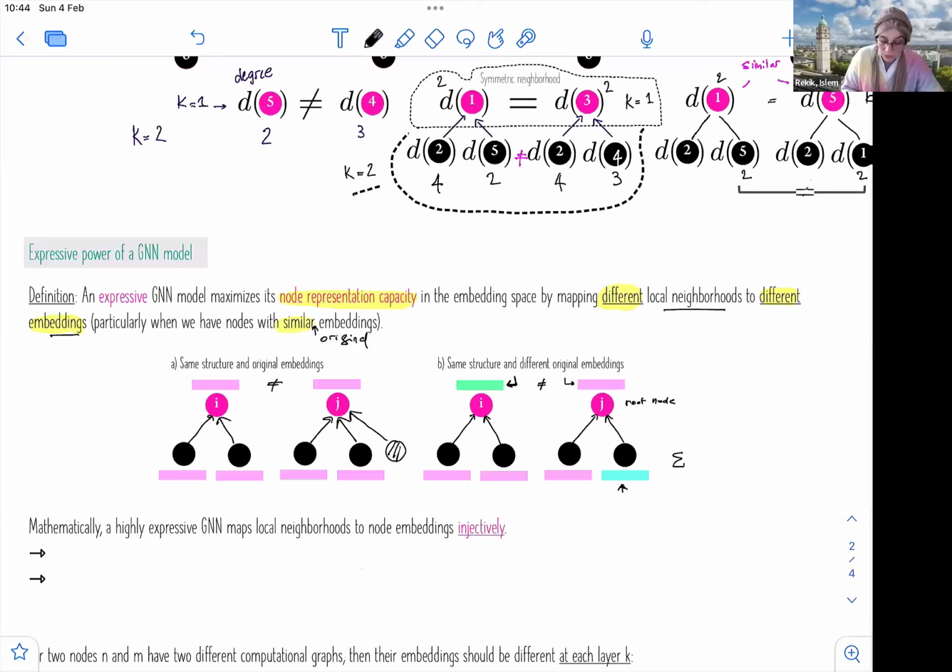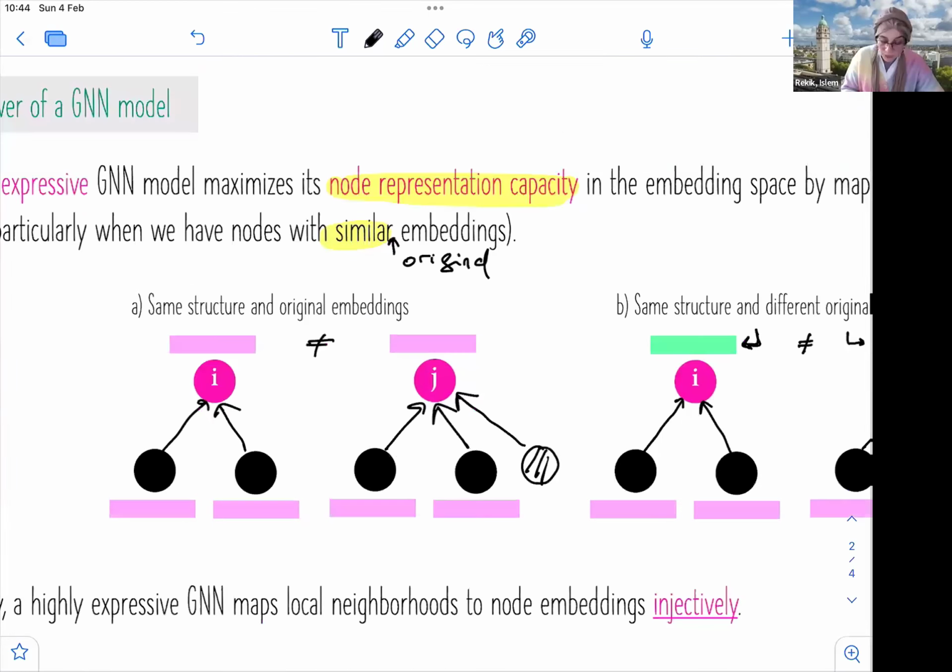So here, for example, let's look at this, guys. So let's say we have three identical embeddings, or all of them are identical, okay? So when we do the averaging, if I take the average of these three, I'm going to get exactly the same output. We agree on that. If I take the average as aggregation here, I get also the same output. So what happened here is that we have completely different topologies.